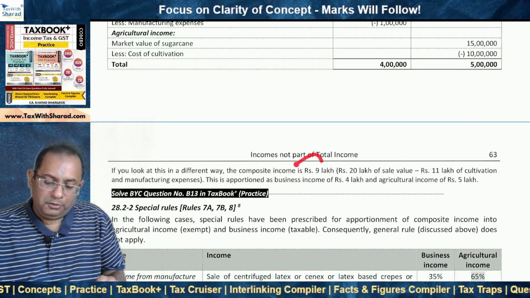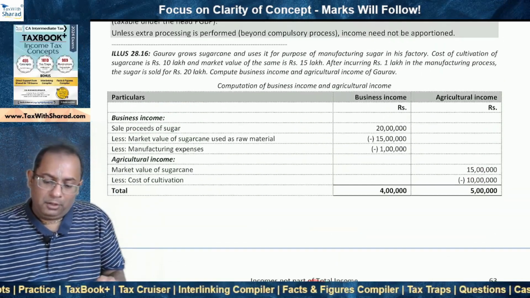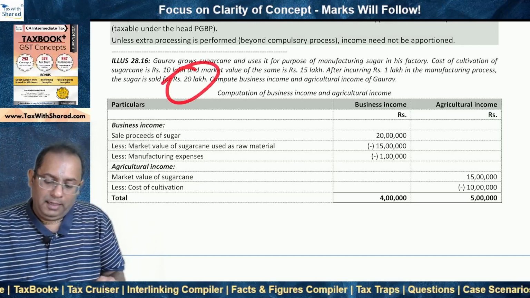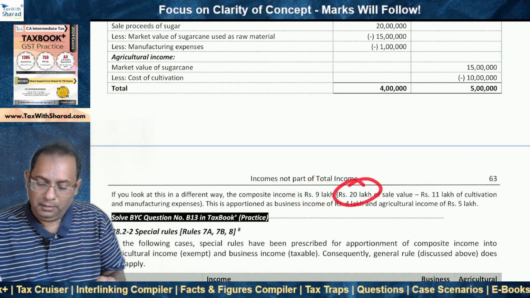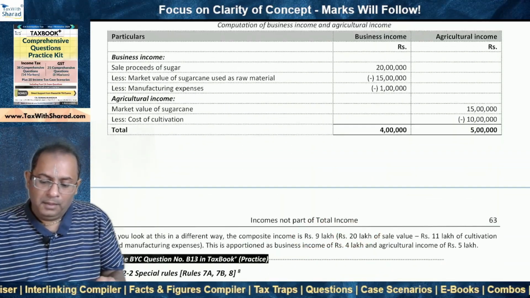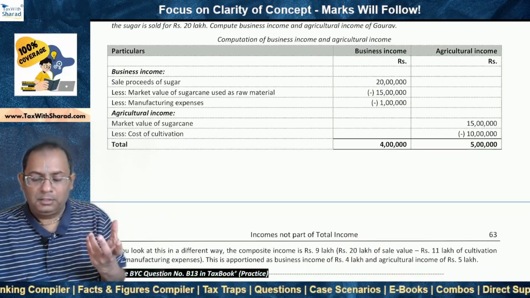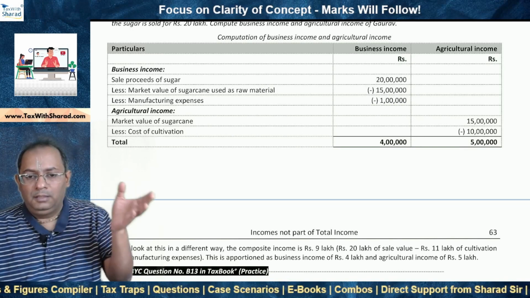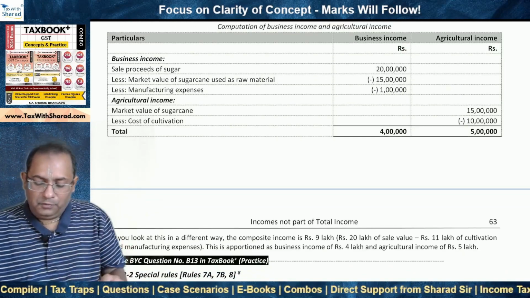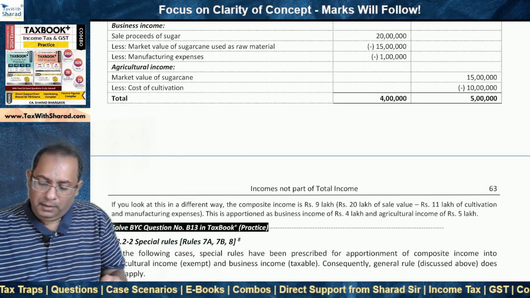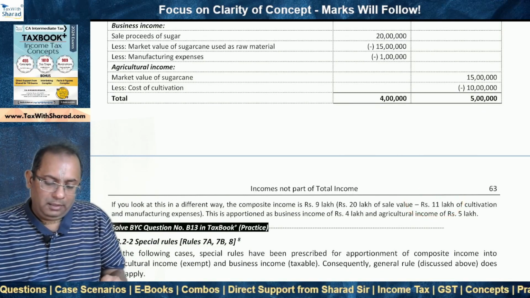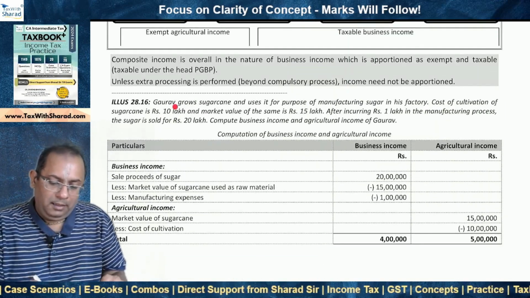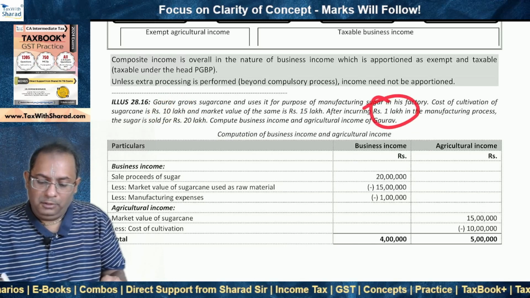Okay. So composite income is 9 lakh because what we got as sale proceeds is 20 lakh. 20 lakh of sale proceeds, sale value. And what we reduce are the expenses, because when we compute business income, we will reduce the expenditure from the sale proceeds. So this is what we do. So it is 11 lakh of cultivation and manufacturing expenses, 10 lakh of cultivation expenses and 1 lakh of manufacturing expenses.